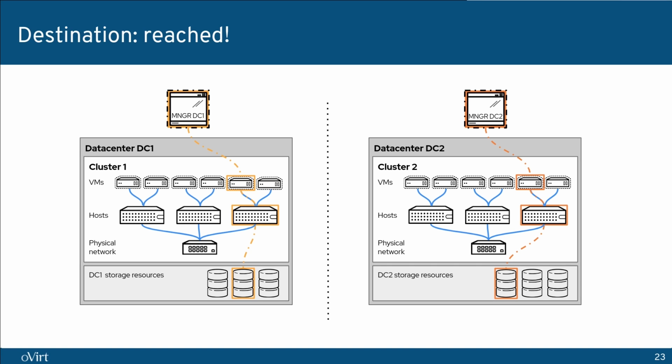And don't forget to set back to the original value the load balancing policy of the clusters in Data Center 1 and 2. Now, every hypervisor is under the control of a Rev Manager in the same data center. Congratulations, guys. You have split your Rev infra with no workload downtime.